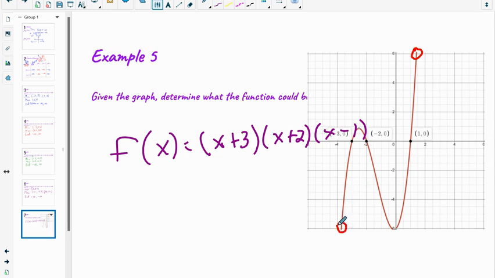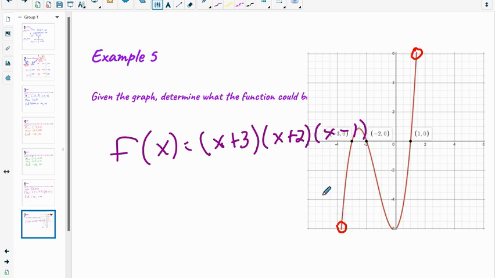And then as x approaches negative infinity, our function heads off to negative infinity. So we do not need a negative lead coefficient. The fact that we have 3 terms indicates that this is an odd degree polynomial, which is what the graph also indicates, because we've got that general shape where one end is heading to infinity and the other end is heading towards negative infinity.